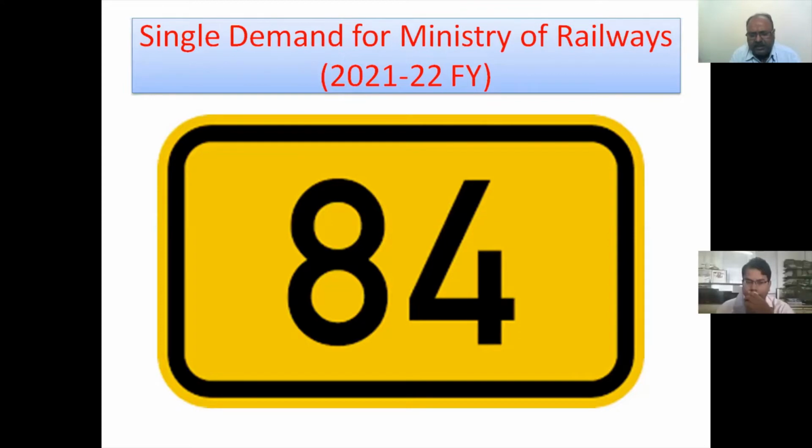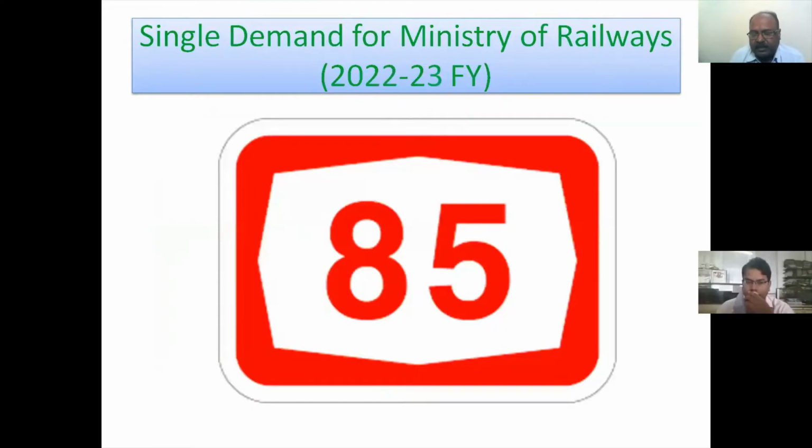From 2017-18, the Railway Ministry is allotted a separate, single demand number. The single demand number for 2021-22, the current financial year, is 84. For the next financial year, a new number has already been announced, that is 85.